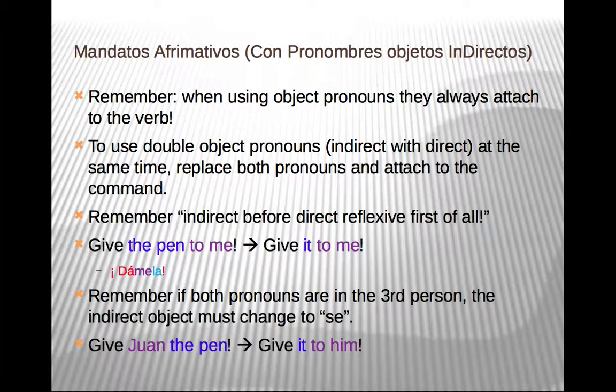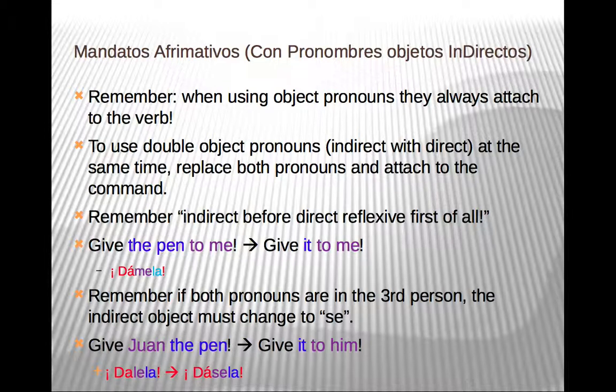Okay, here's an example. Give Juan the pen. So give it to him. We still have la for the pen. And Juan would become le. But we can't have da le la. It's da se la. The le changed to se because we can't have the 2 L's next to each other. Da se la.